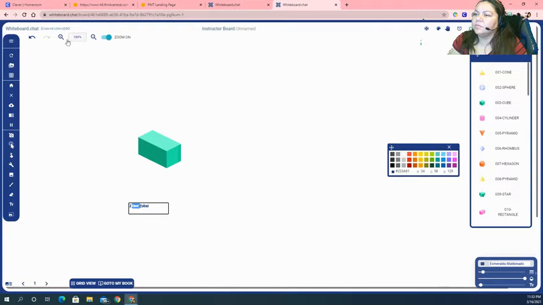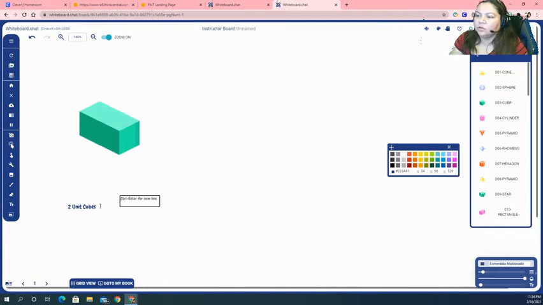Okay, so let's make that bigger. So that is 2 unit cubes.